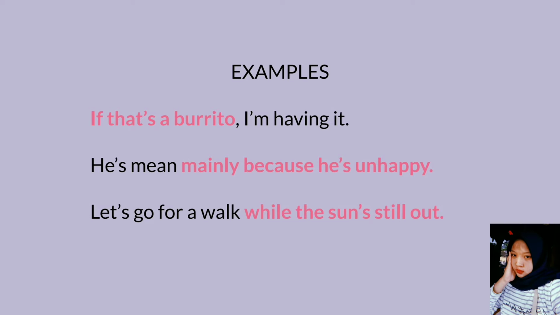This means mainly because he's unhappy. Let's go for a walk while the sun's still out. The red words are dependent clauses because they cannot be considered a sentence and need to be with an independent clause to form a complete thought.